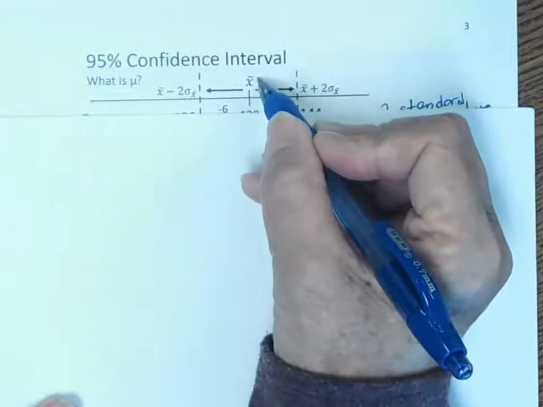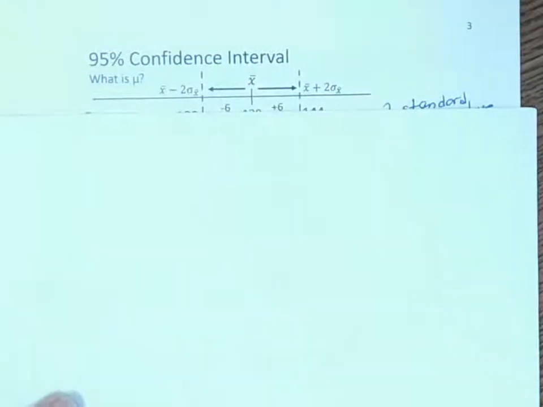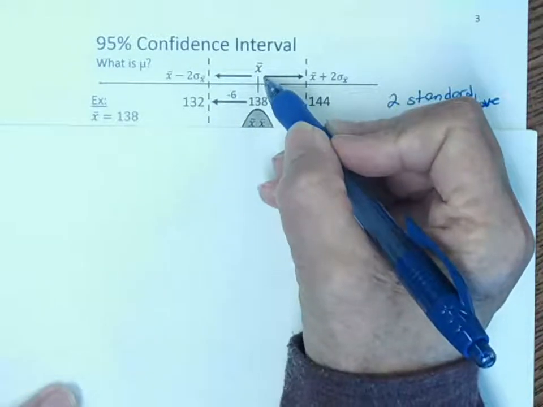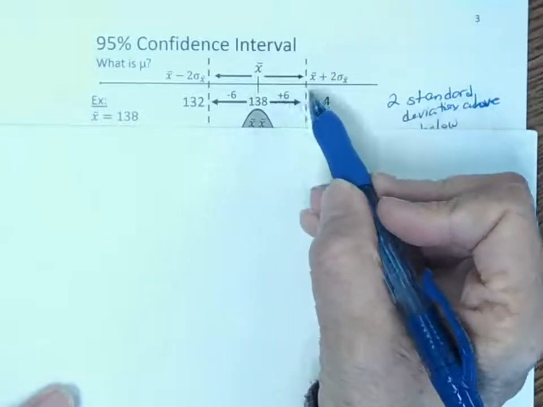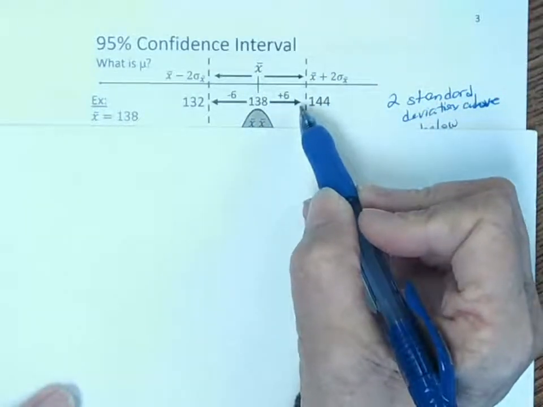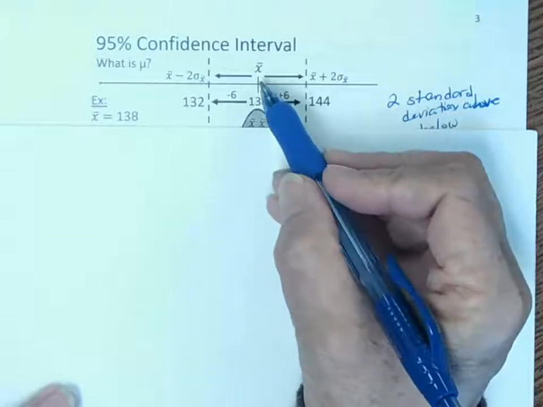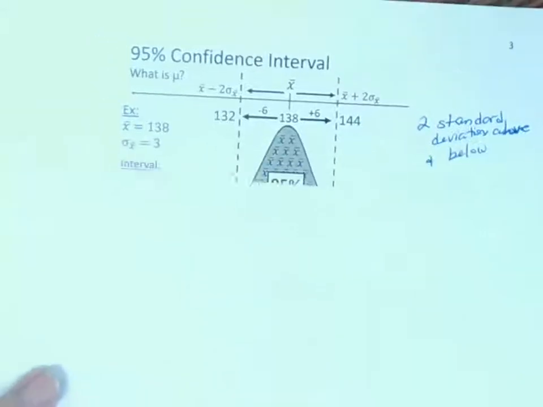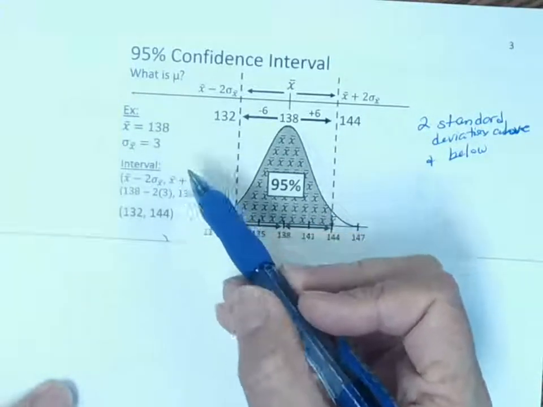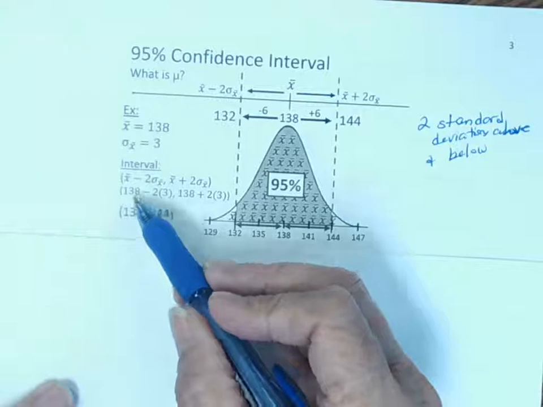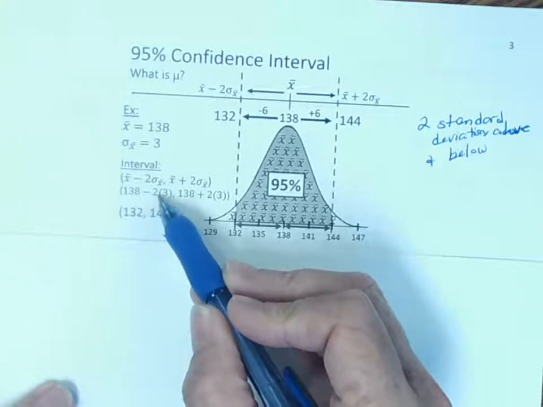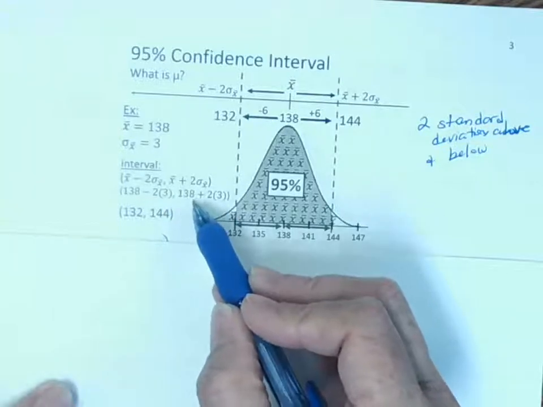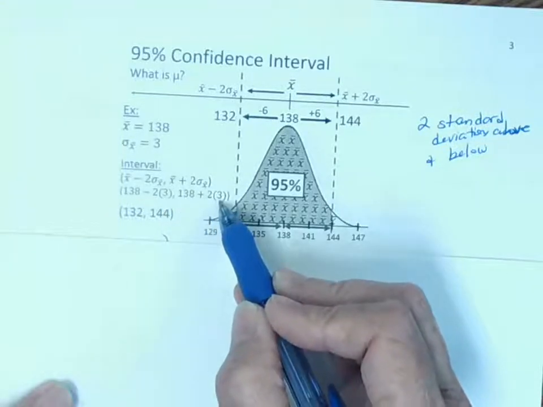I've got my sample mean from those 10 sections we took. And I know the standard deviation is 3. Do I want to go 2 standard deviations away? The way we did this is, if the standard deviation is 3 and I want to go 2 standard deviations away, the interval is defined as the mean minus 2 times the width of the standard deviation, and 138 plus 2 standard deviations away.